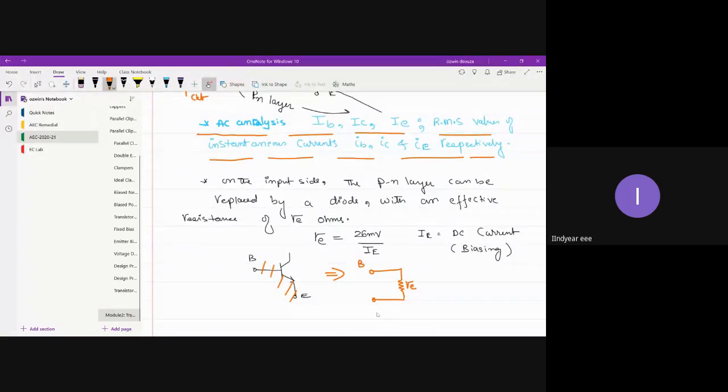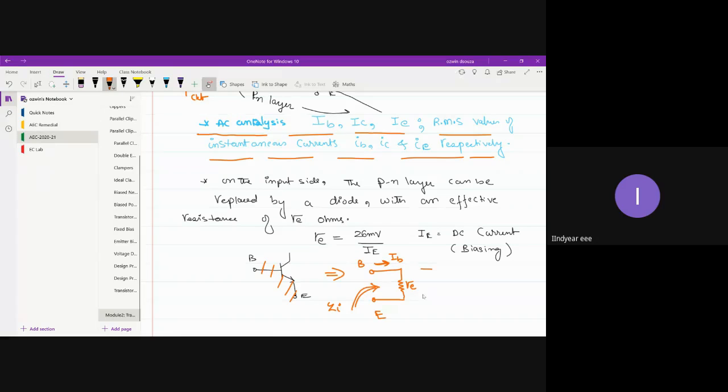So this is your base terminal and this is your emitter terminal. Through the base terminal, which current flows? IB flows, right? And let us also consider the input impedance as seen from the input terminal, and define it as ZI.